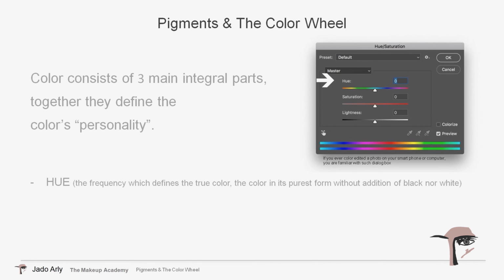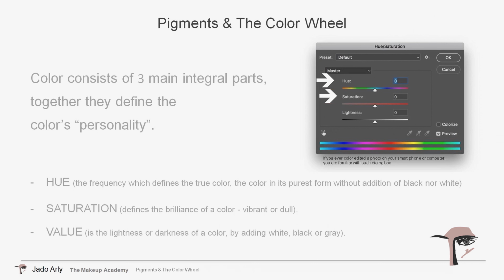What that means, the color red's frequency is much faster than violet. Then you have saturation, and that is really the brilliance of a color, whether it's vibrant or dull. Value refers to the lightness or darkness of color, so that is controlled by adding white, black, or gray. These are the three integral parts or components of a color.